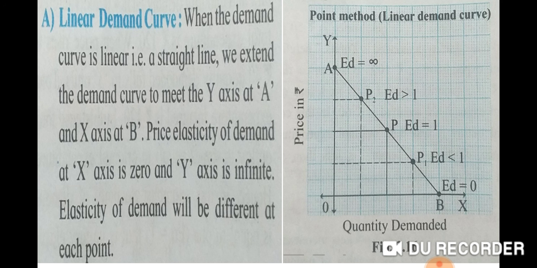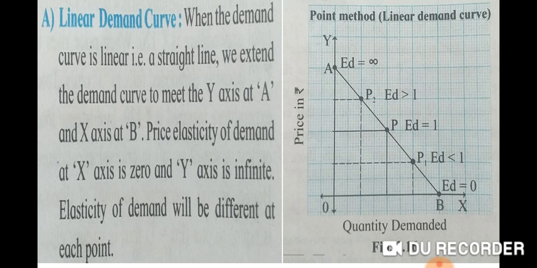First, at point P, P is the original price. The point elasticity at P is equal to PB divided by PA. I told you the length of the curve is 8 centimeters.